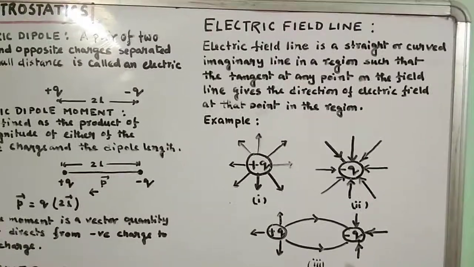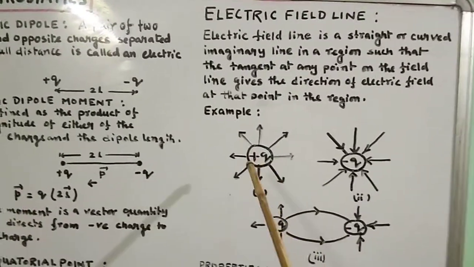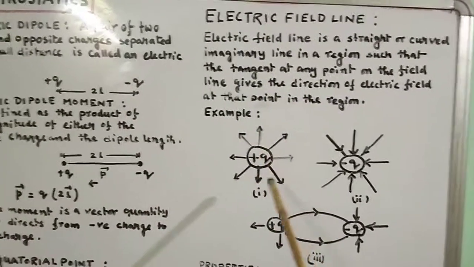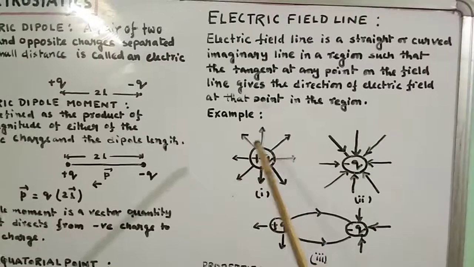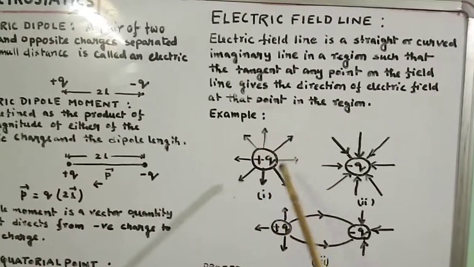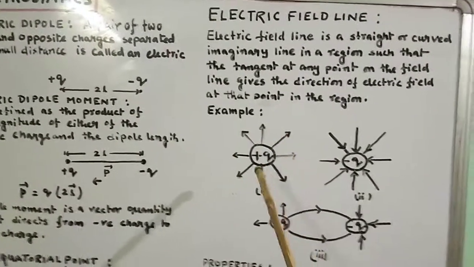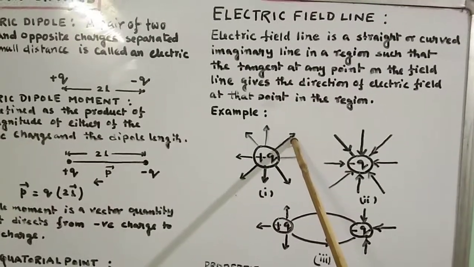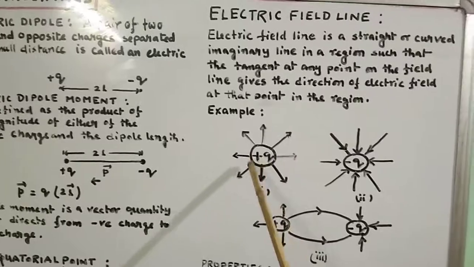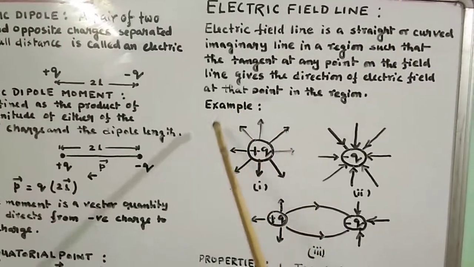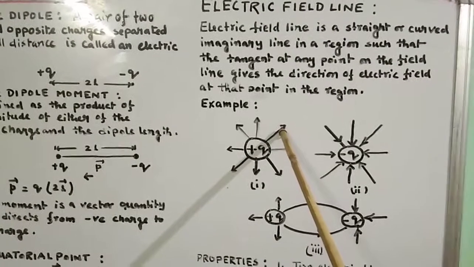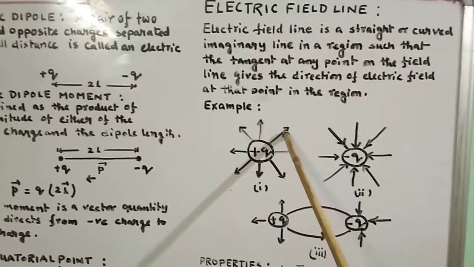If we consider this figure, we have placed a source charge plus Q, and these are the arrows. Now how will you explain this arrow? This arrow can be explained by considering the definition of electric field intensity. To define the field intensity at this point, you will place a unit positive charge here.